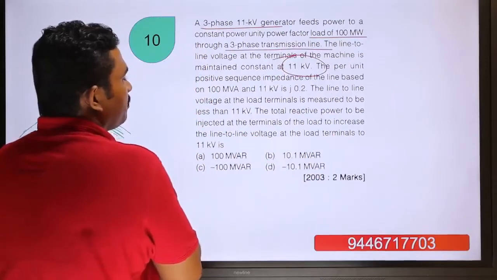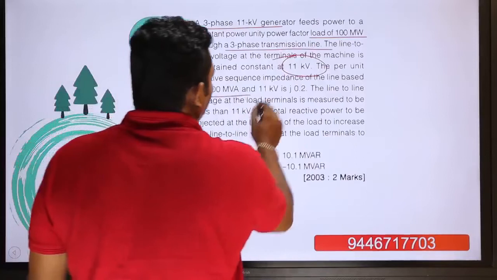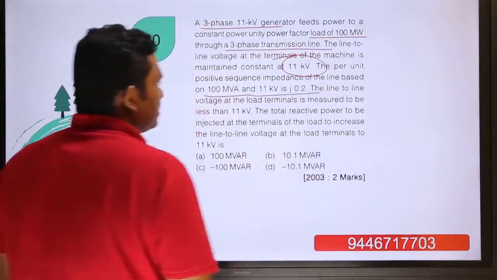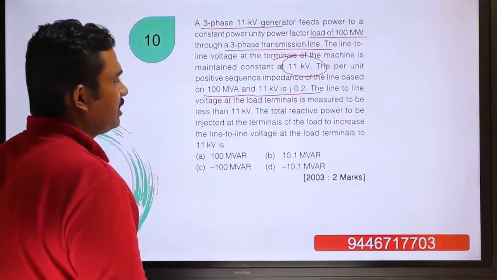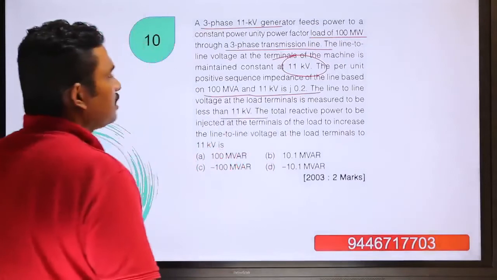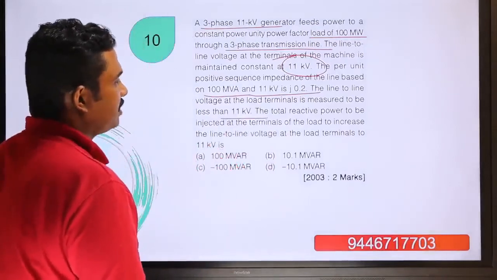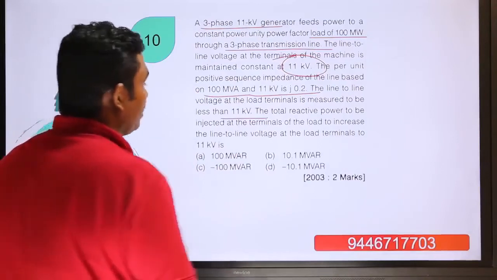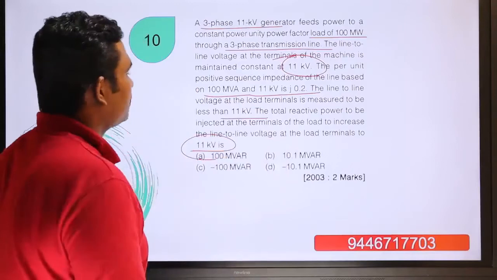The per unit positive sequence impedance of the line based on 100 MVA and 11 kV is j0.2. The line-to-line voltage at the load terminals is measured to be less than 11 kV. The total reactive power to be injected at the terminals of the load to increase the line-to-line voltage at the load terminals to 11 kV is what is the question.